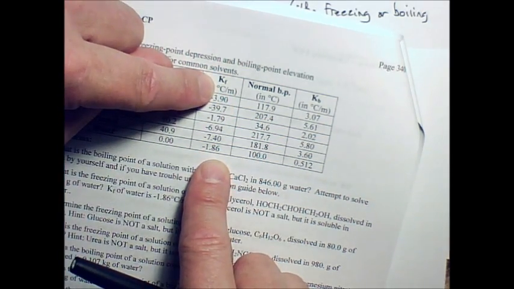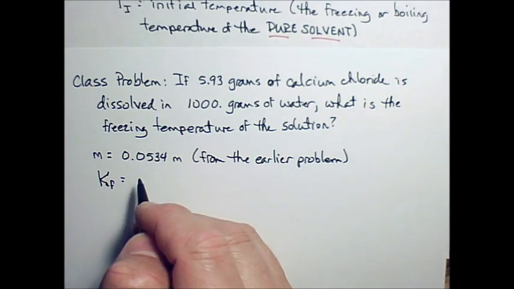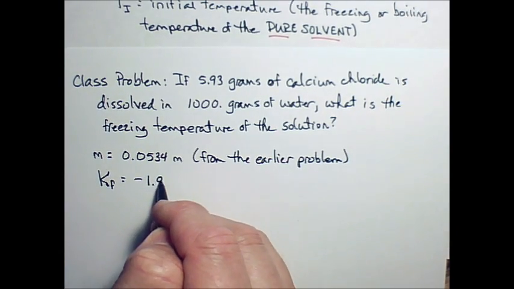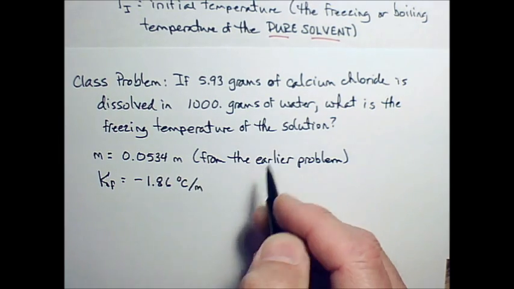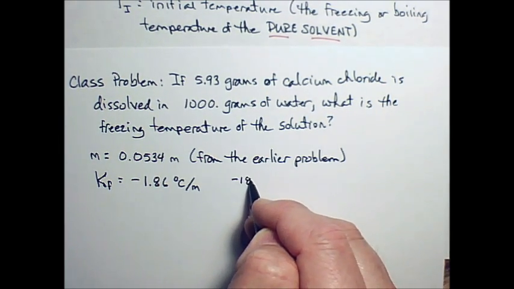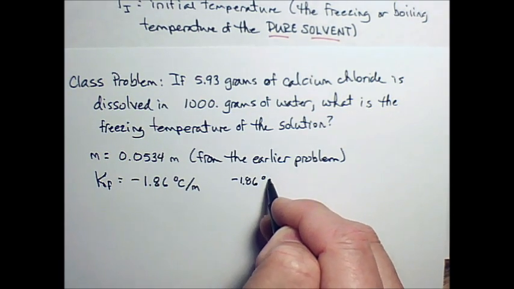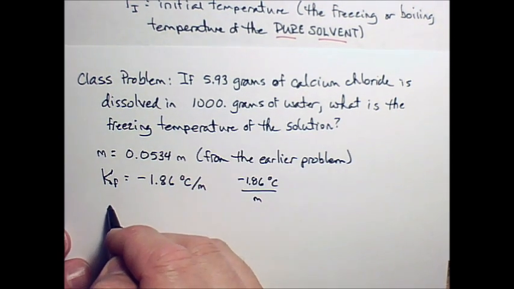So the units we're going to write with this number are degrees C per mole. So it's negative 1.86 degrees C per mole, which we probably should write in our problem as negative 1.86 degrees C over mole. That means the same thing.